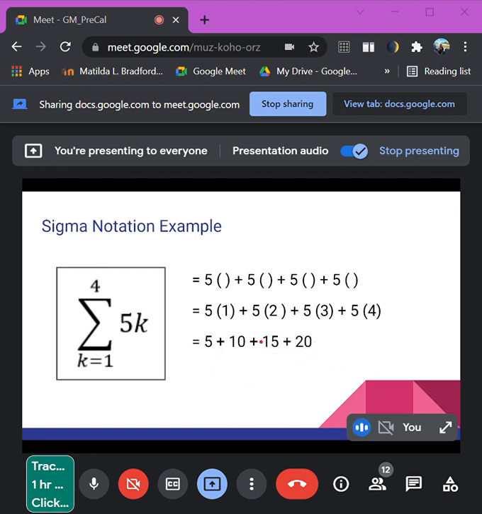We have 5 plus 10 plus 15 plus 20, and that is equivalent to 50. That is the summation, or the result, or the series for this corresponding equation for your sigma notation.